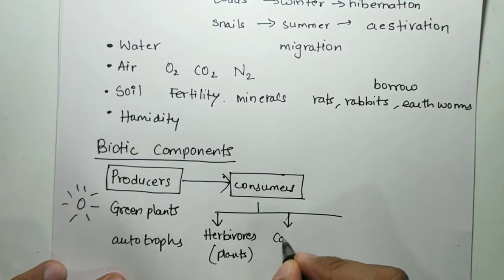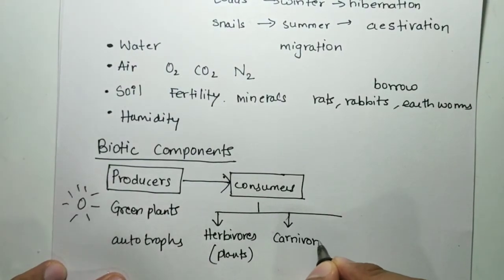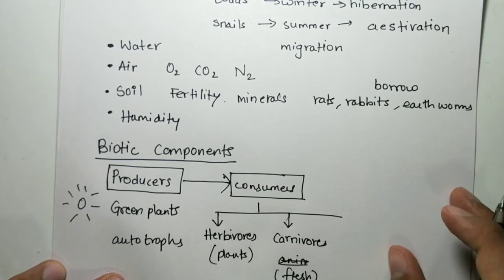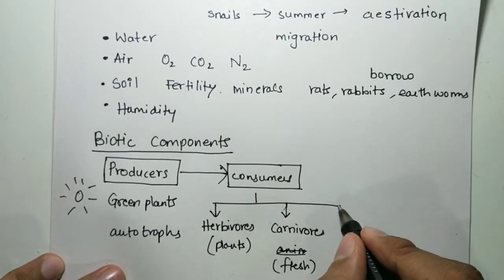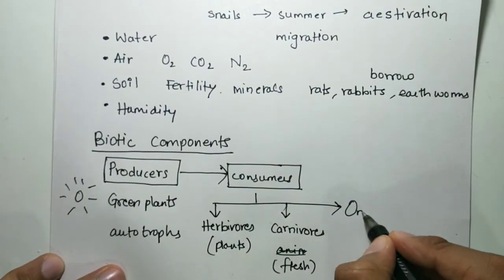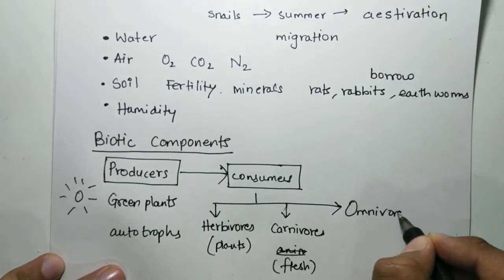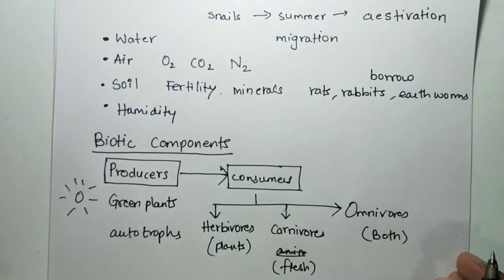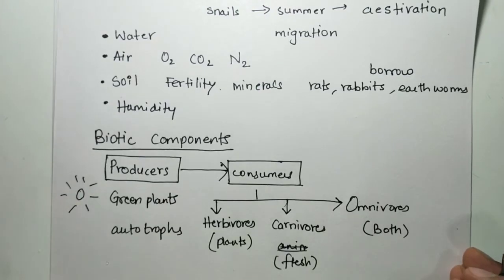Next can be carnivores. Carnivores means which eat flesh. Okay. And third are omnivores, which eat both plants and flesh, like human beings. Crows, cockroaches, bears, all of them eat plants as well as animals.